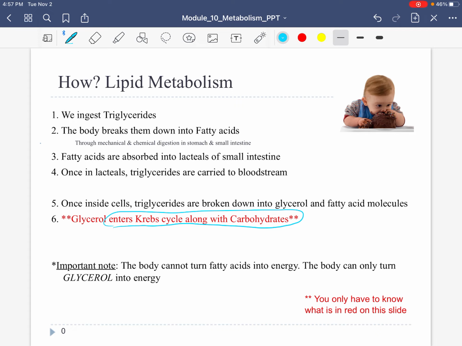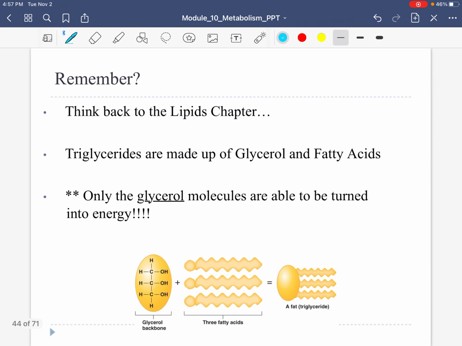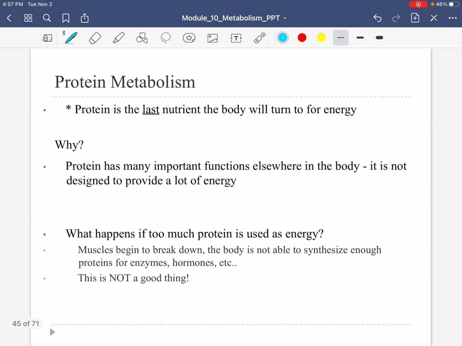The Krebs cycle is aerobic and happens in the mitochondria. The goal of the Krebs cycle is to convert the pyruvate from glycolysis into mitochondrial enzymes. Those mitochondrial enzymes then enter the electron transport chain. Again, we're in the mitochondria. Again, it requires oxygen. And that's when we produce ATP. So fat goes through the same remaining steps. It's just the beginning steps that are different.